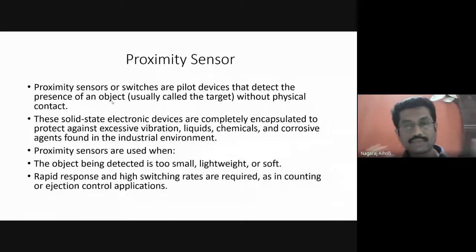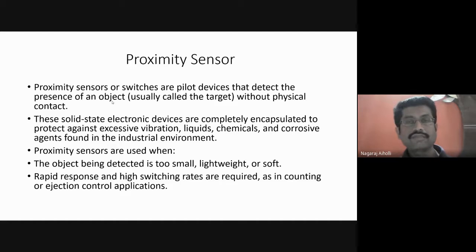These proximity sensors are encapsulated by a protective sheath surrounding them, which protects against vibrations, shock, fumes, dust, air, humidity, corrosive agents, liquids, chemicals, whichever are found in the industry.